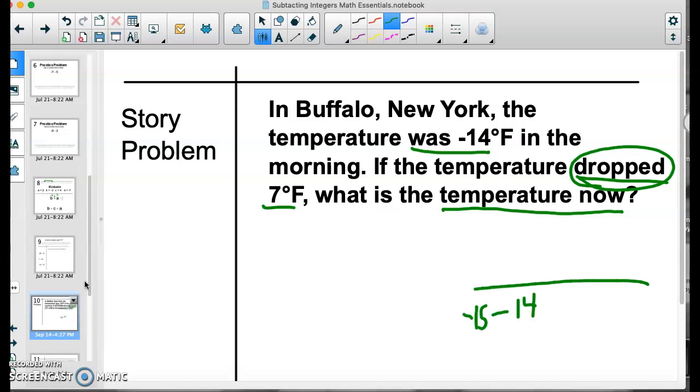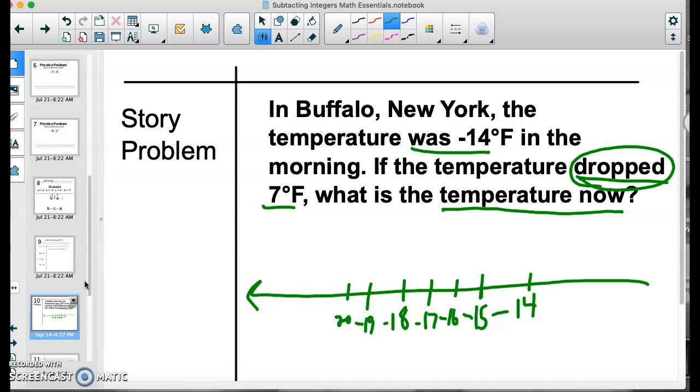Let's make our number line, okay? -16, -17, -18, -19, -20, -21, -22, -23.